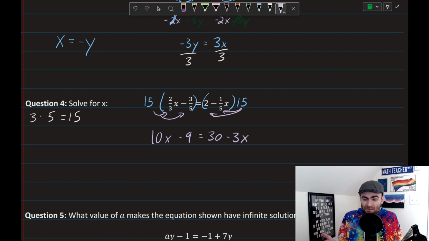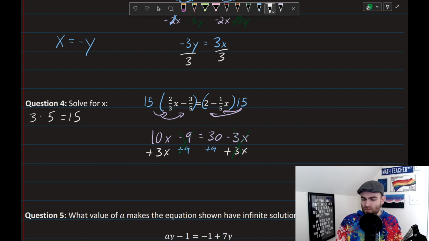Again, I like to keep it positive, so I'm going to move all of my x's to one side and try to make it so that my x's are positive. I can do that by adding 3x to both sides. And since I'm moving my x's to the left, I'm going to move my numbers to the right. I'm going to do that in the same step. I'm just going to add 9, and these cancel.